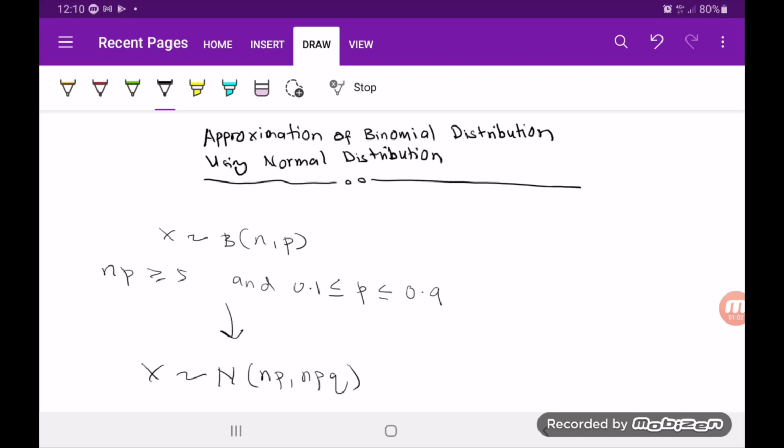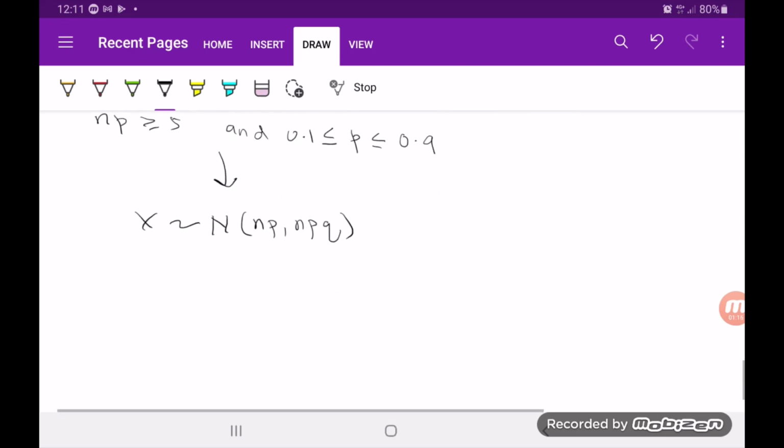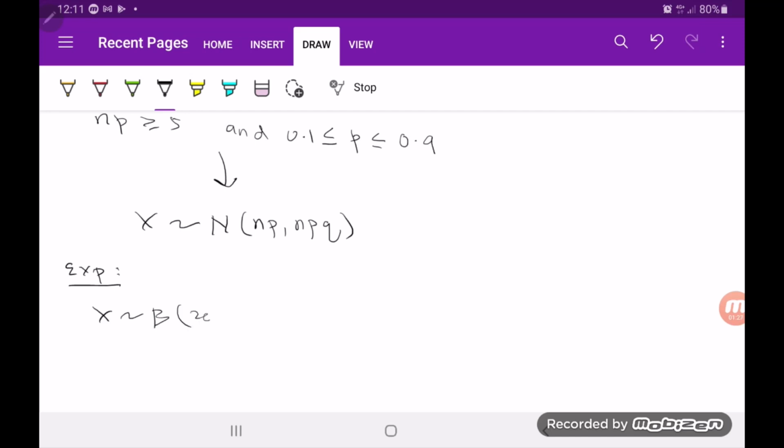But in this case, we need continuity correction. So what is the continuity correction? Okay, so let's say the example is this binomial distribution where n is 200 and p is 0.3.